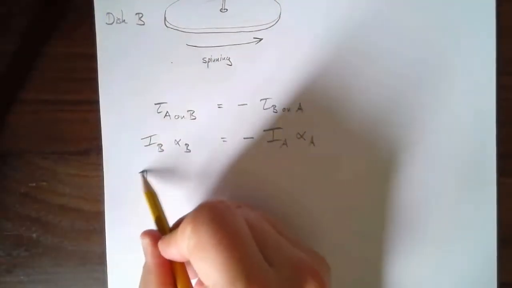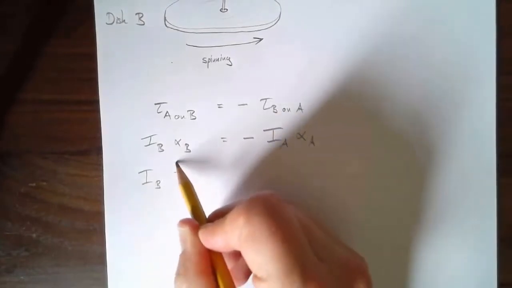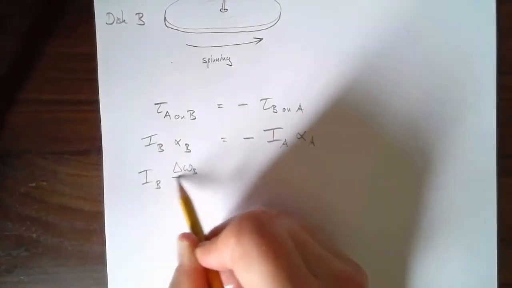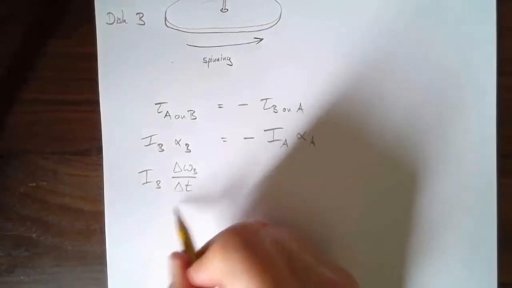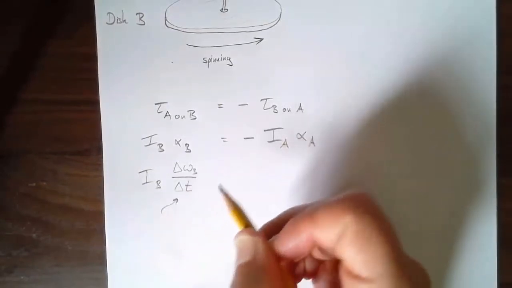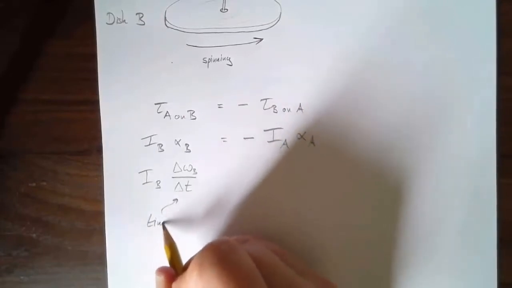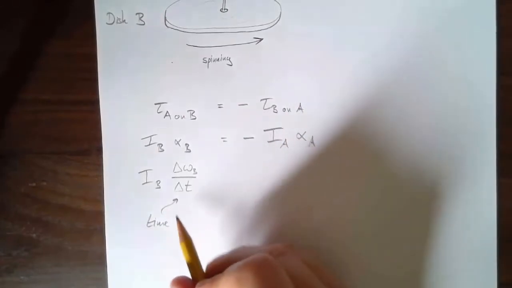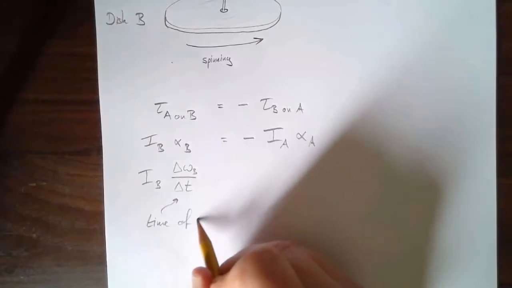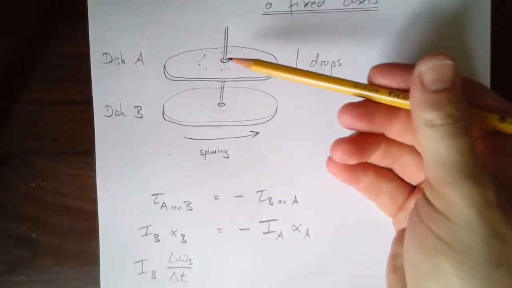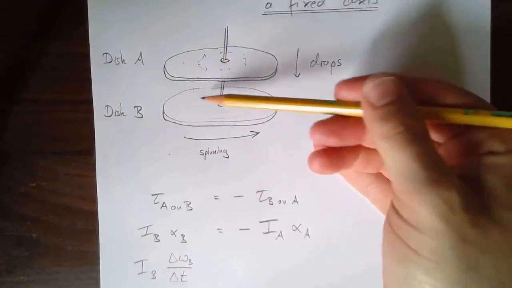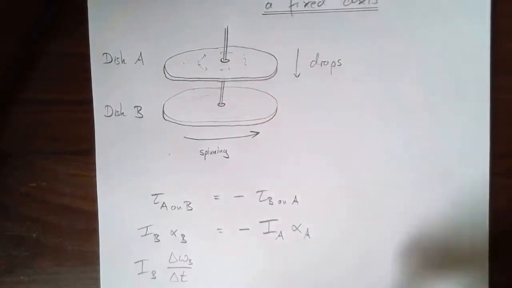So here I can just write this as delta omega B over delta t, where t is going to be the time of collision. What do I mean by that? I mean the time it takes for those disks to essentially be in contact before they rotate together.